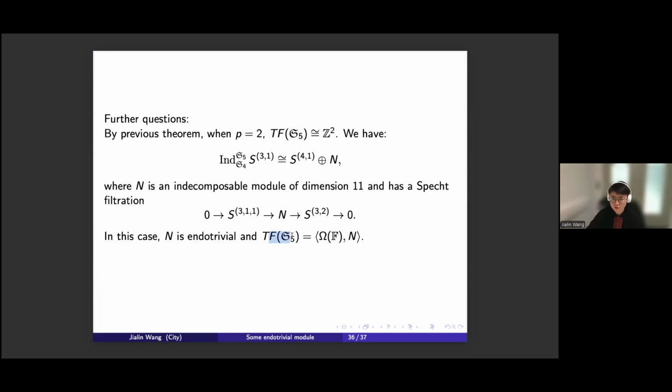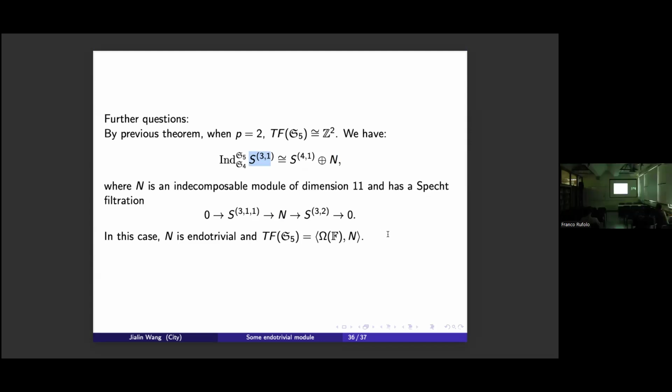The torsion-free part of S5 is generated by Omega of F and N. And this N comes from exactly the induction of S(3,1). In fact, if you restrict N to S4, then S(3,1) will be a summand of this restriction. They are in Green correspondence with each other.